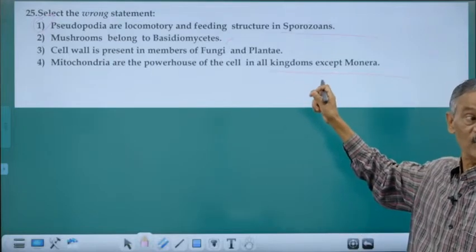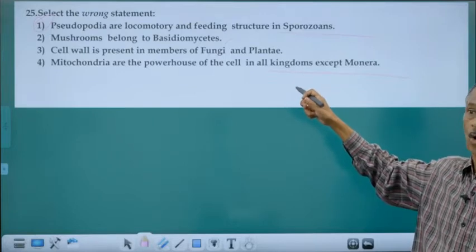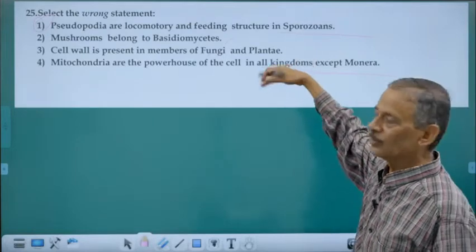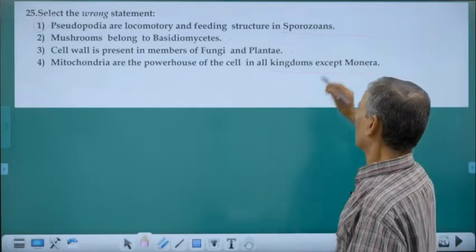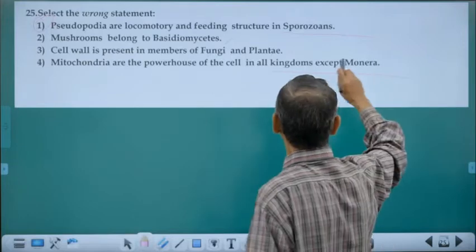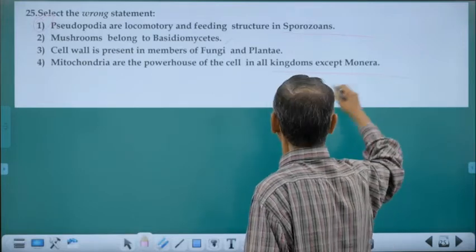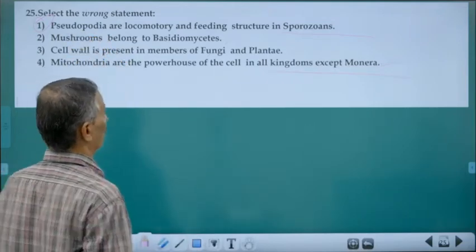The respiratory enzymes are present within the infoldings of the inner membrane, called mesosomes. Okay, so we are having such infoldings in prokaryotes which will be lodging the respiratory enzymes. So mitochondria is absent in Monera. That's a correct statement. So only one is the wrong one.